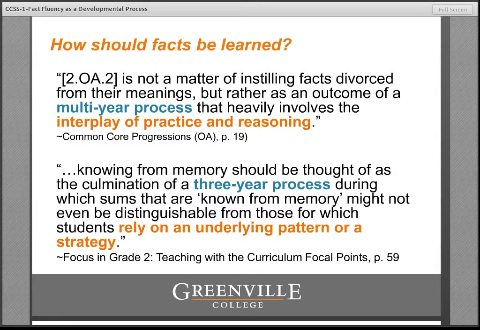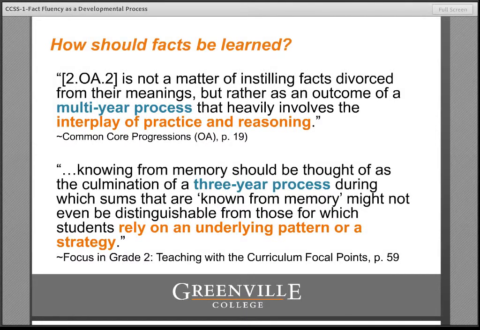One of the grand advantages, perhaps the greatest advantage of the Common Core, is its focus on building a coherent developmental approach to building mathematical knowledge and skills across the grade levels. We will be looking at how fact fluency is to develop across kindergarten, first, and second grade, with our primary focus, of course, being on the role that first grade plays in that sequence.